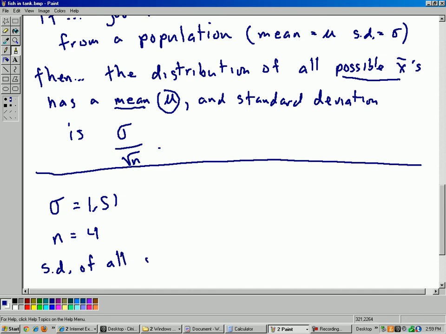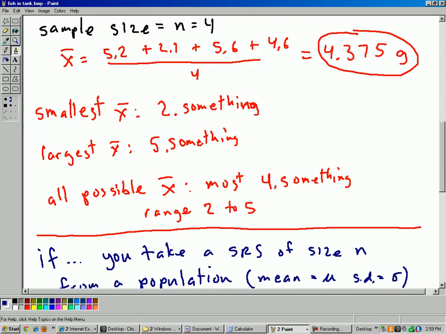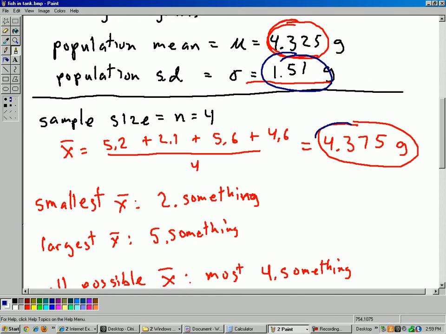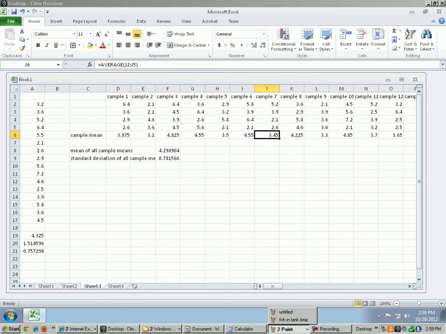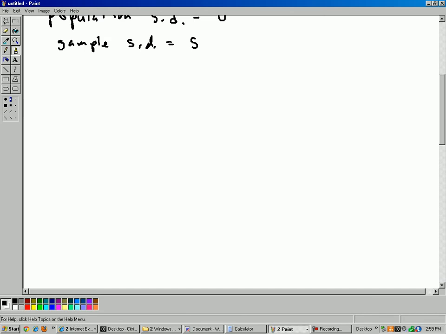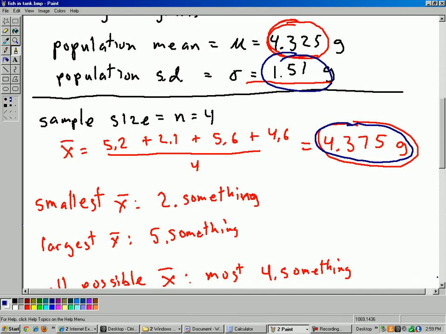Now remember, this x bar that we did, 4.375, that's only one of many possible x bars. Well, I set up an Excel sheet like I showed you of many, many possible sample means that we could get from this population. And it turns out that the standard deviation of all those different x bars that you could ever get from this population, hold on here it is.